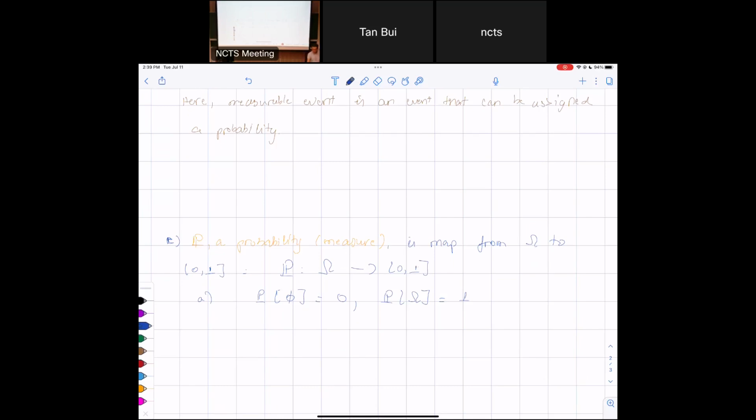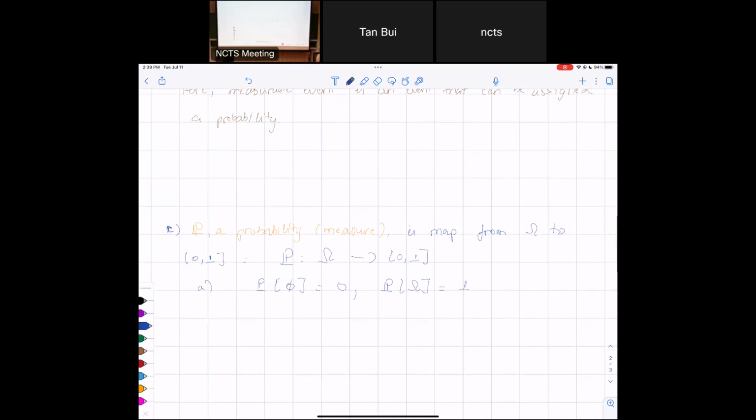If you're flipping a dice, it must be between them. There's no showing up nothing. That's why the probability of the event of nothing is 0. Thinking about the dice problem.